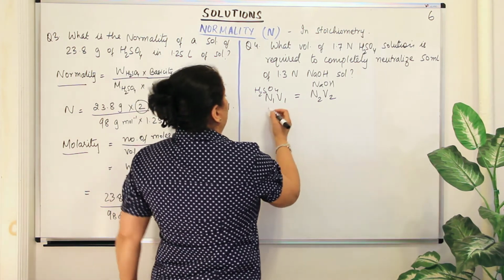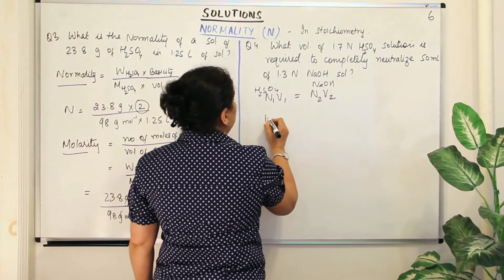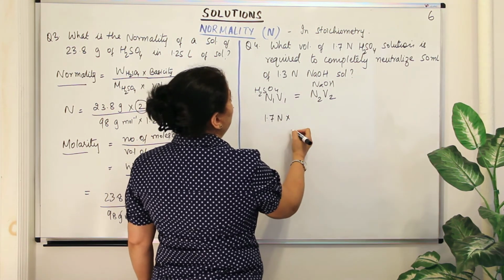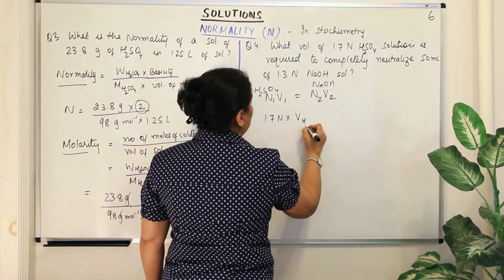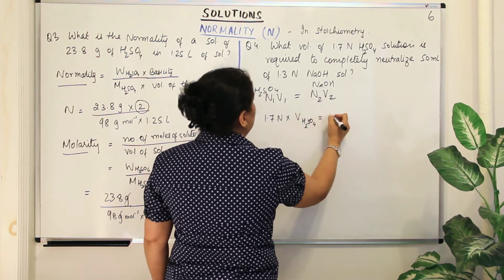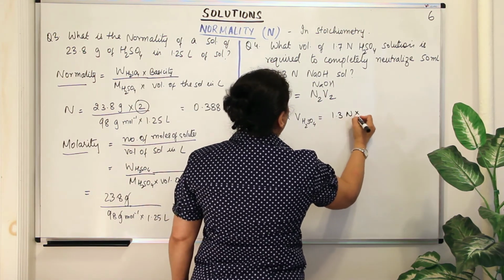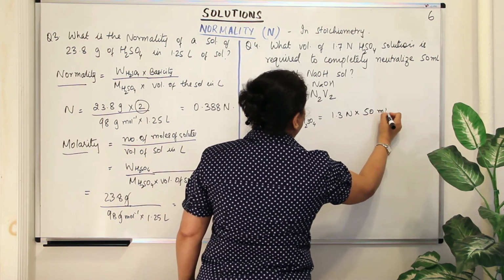So here, when we put in the values, 1.7 is the normality of H2SO4, into the volume to be calculated, is equal to the normality of 1.3 normal NaOH solution, and the volume given is 50 milliliters.